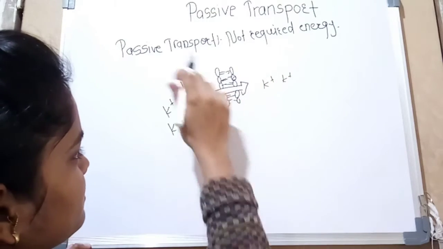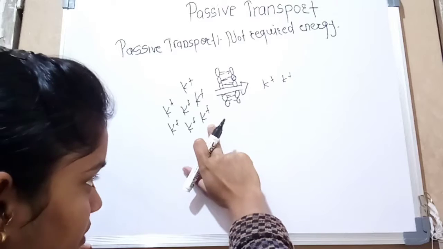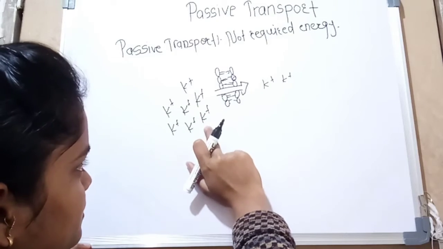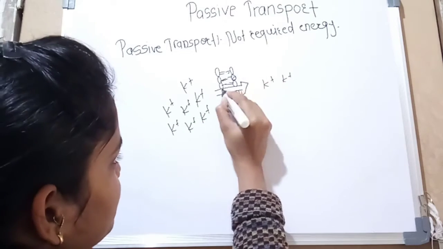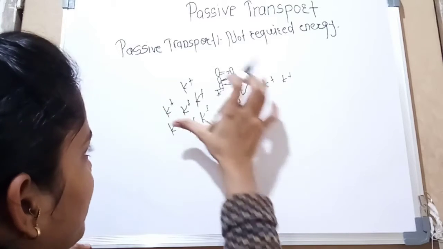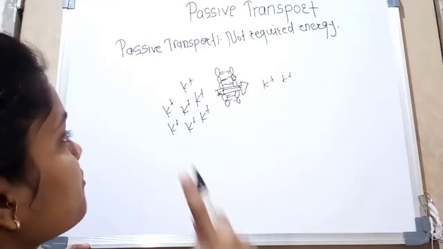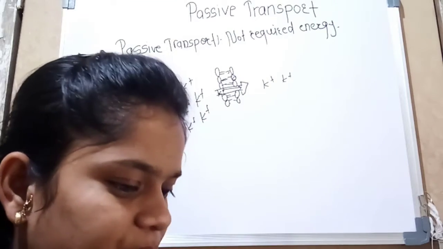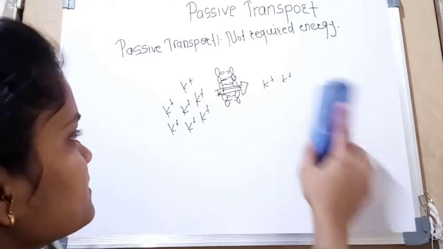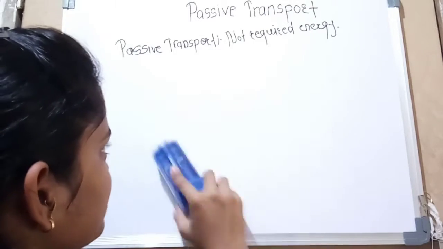In that condition the molecules move from the region of high concentration to the region of low concentration, and for that movement no energy is required. It is called passive transport. Passive transport is divided into four main types.